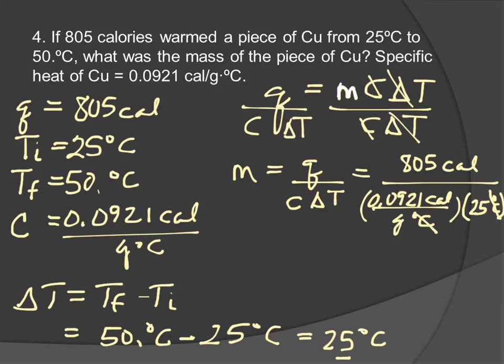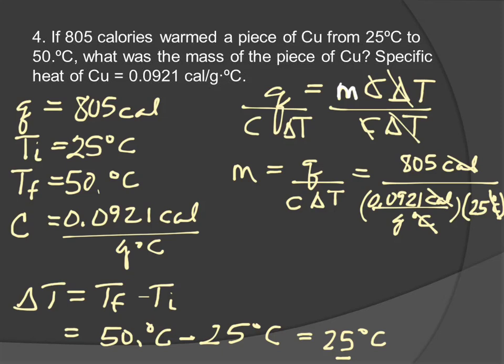Now looking at the top and the bottom, the calories cancel. What we're left with for units is 1 over 1 over grams, which is the same as grams. To bring it up out of the denominator, you flip it over, so it ends up doing a double flip and being right side up. And if you didn't understand that, that's okay.